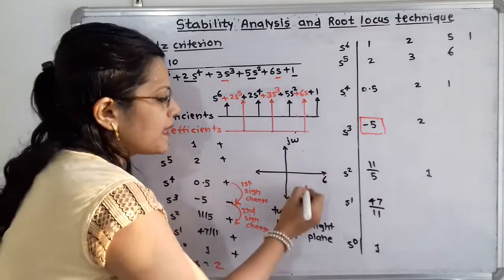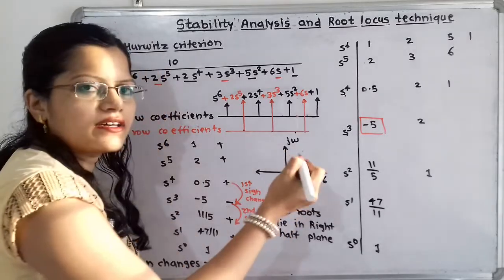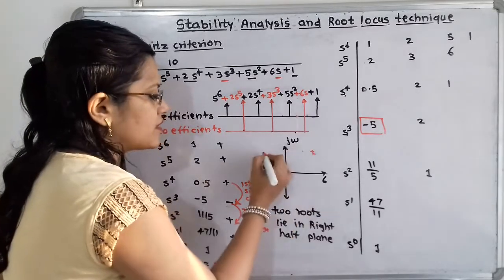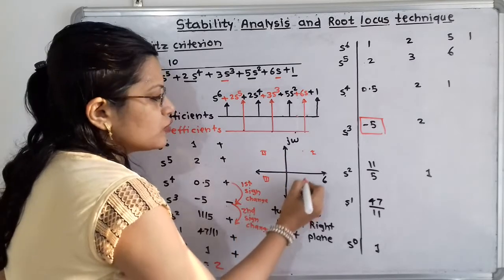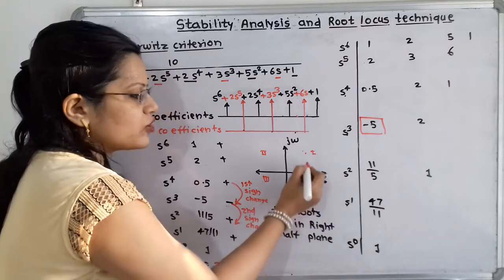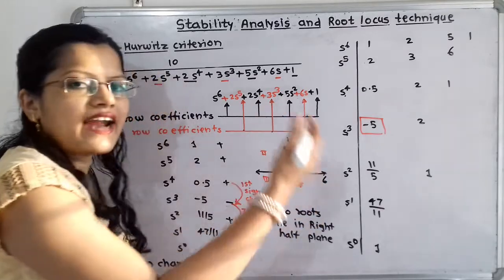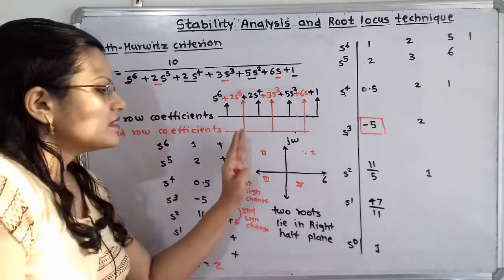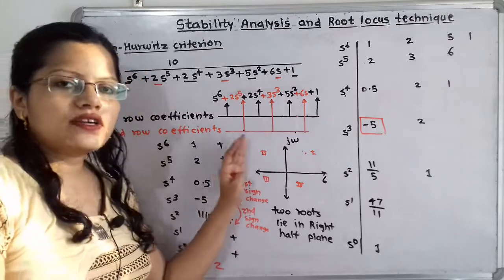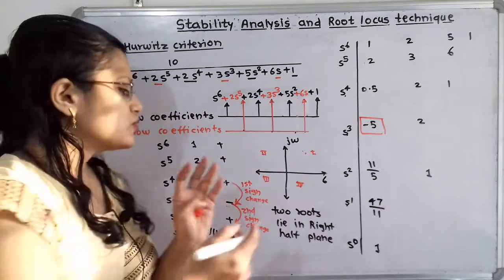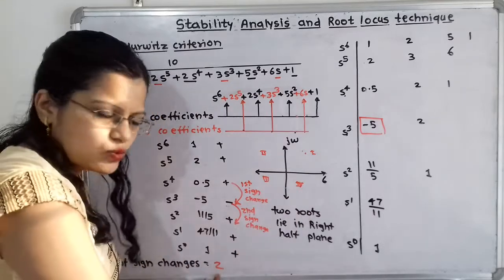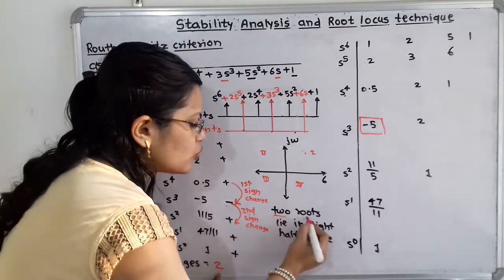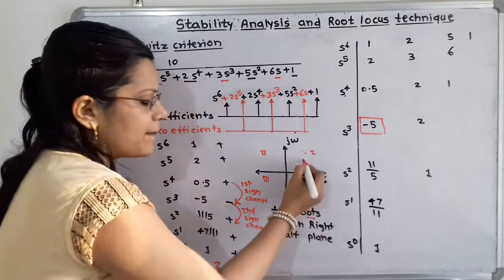These give the first quadrant, second quadrant, third quadrant and fourth quadrant. The first and fourth quadrants are in the right half plane, and the second and third quadrants are in the left half plane. So the number of sign changes is equal to 2, and therefore 2 roots lie in the right half plane.